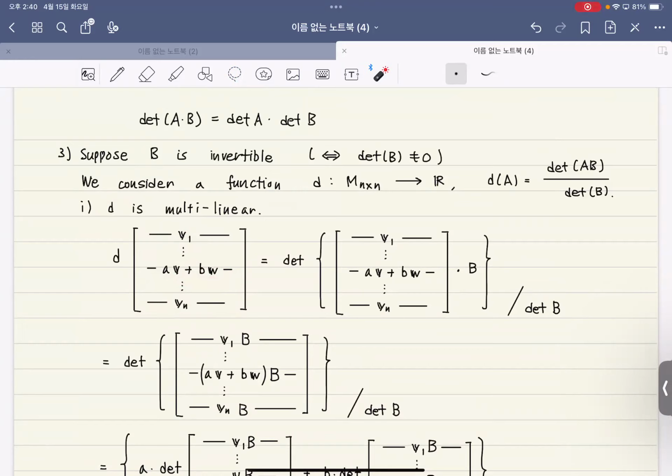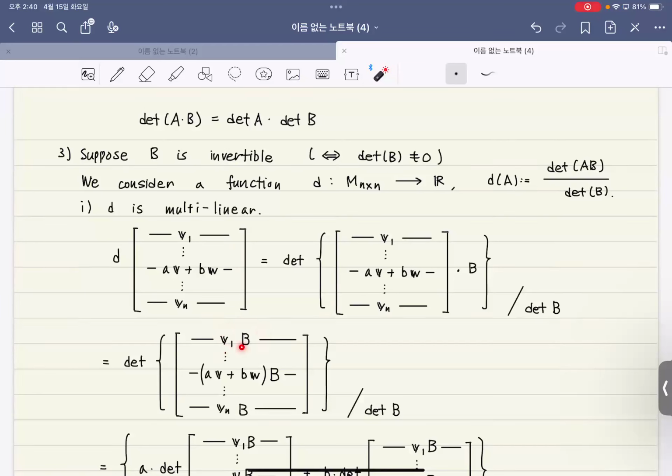Because of this definition, I am supposed to compute the determinant of this matrix, which is my matrix A times matrix B, and divide everything by determinant of B. This is an n by n matrix times another n by n matrix, but I can still consider every row of the resulting matrix as this row times that: 1 by n times n by n, which is 1 by n.